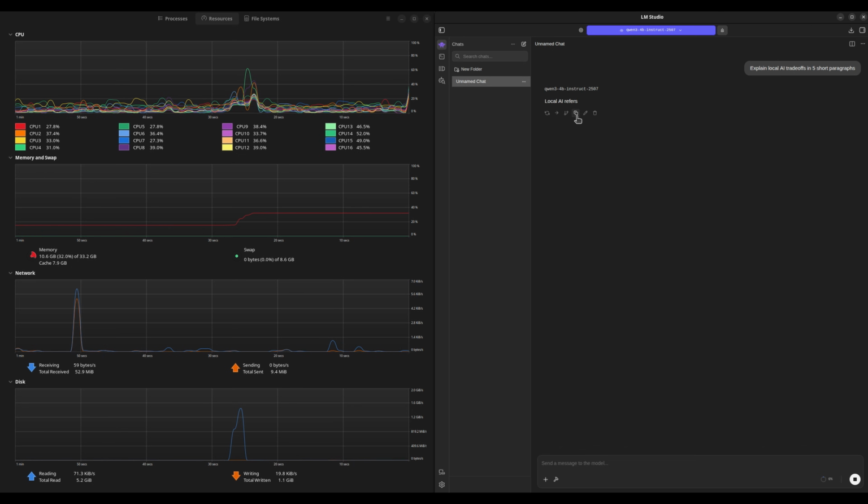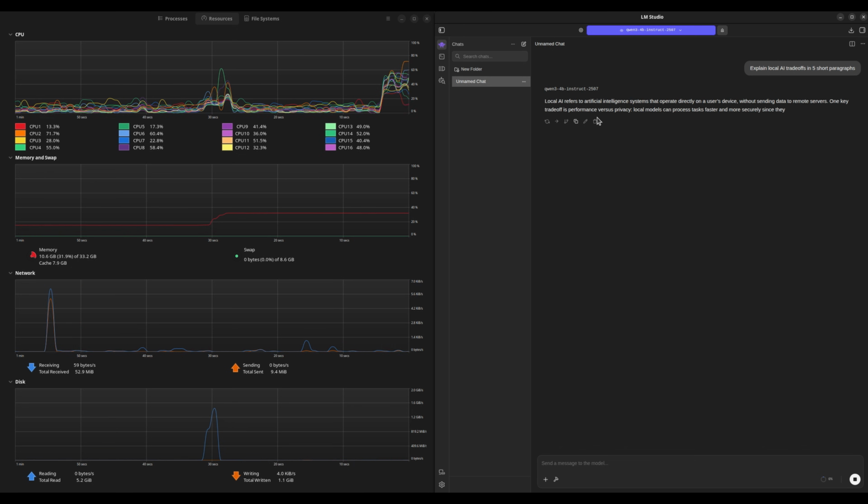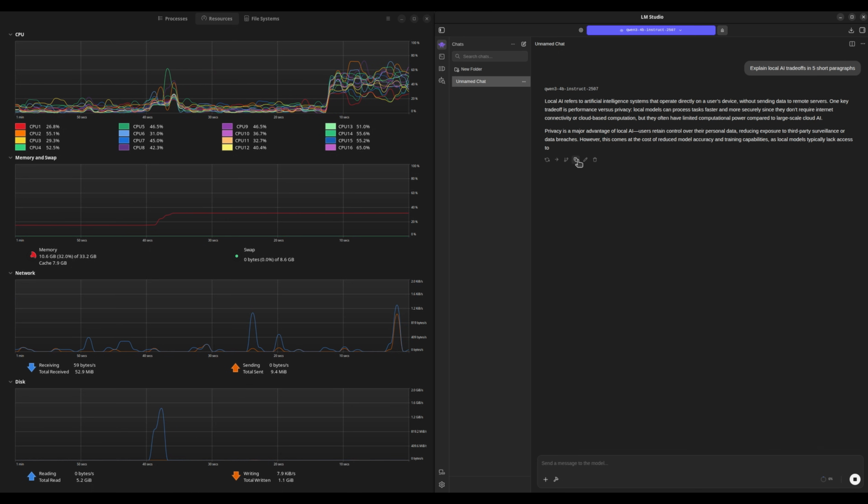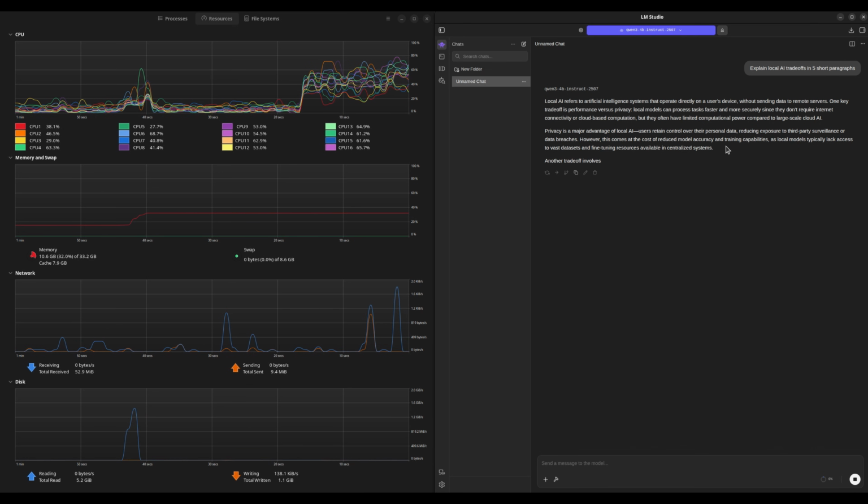So here we can see in real time how it started generating the response. Also notice how the CPU activity increased. As you know, this is only RAM and CPU.